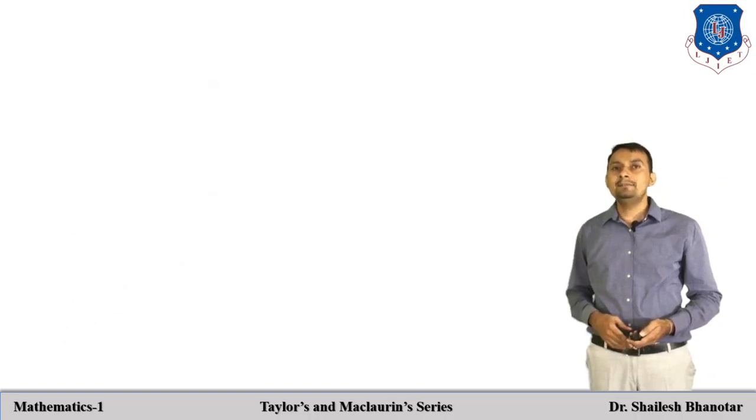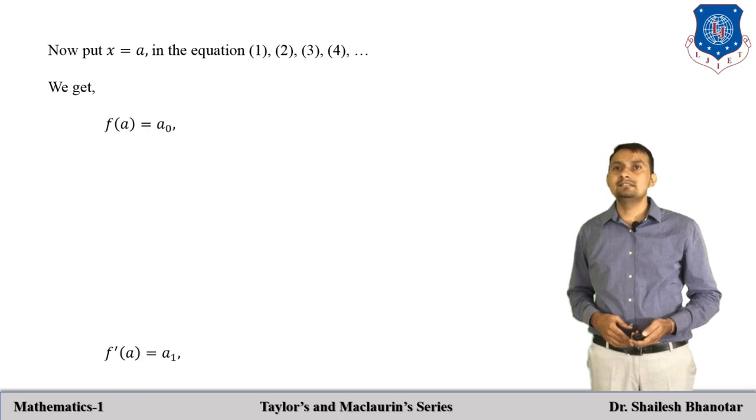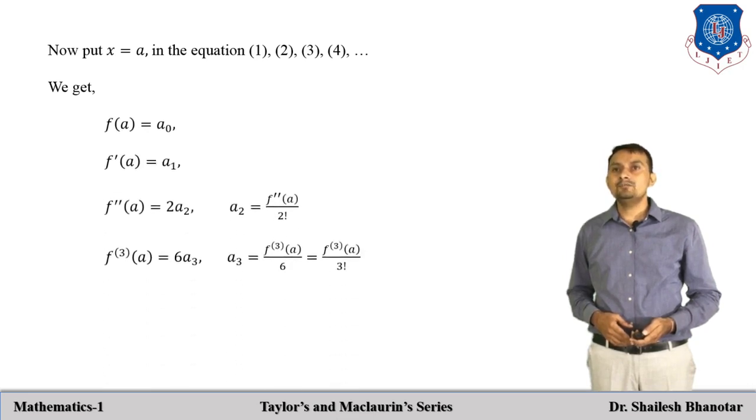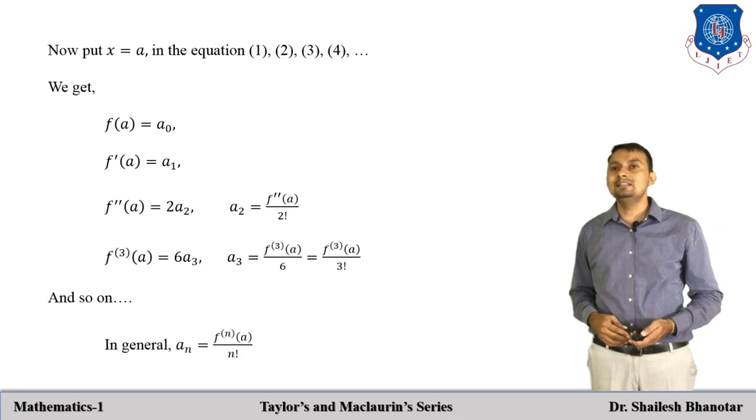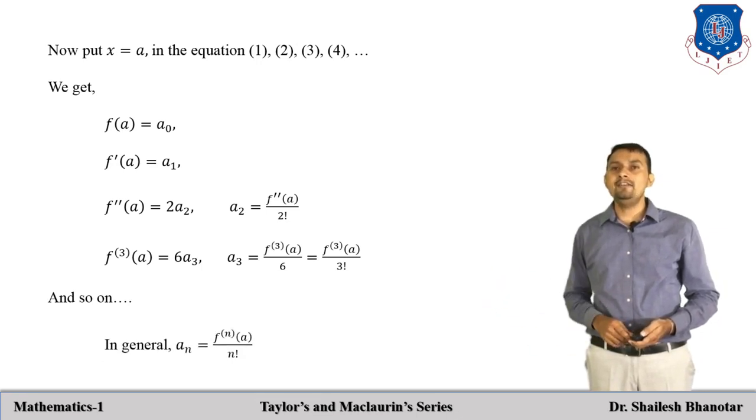After representing all these terms, we get a0 equal to f of a, a1 equal to f dash at a, a2 equal to f double dash at a divided by 2 factorial, a3 equal to the third derivative of function f at a divided by 3 factorial, and so on. In general, we can say an is equal to the nth derivative of function f at a divided by n factorial.